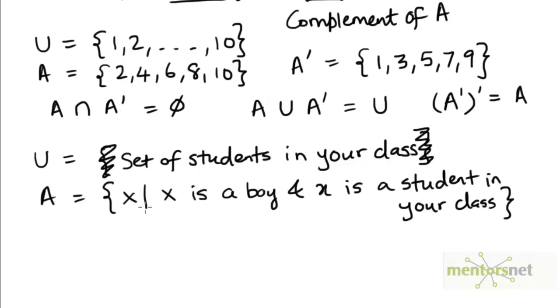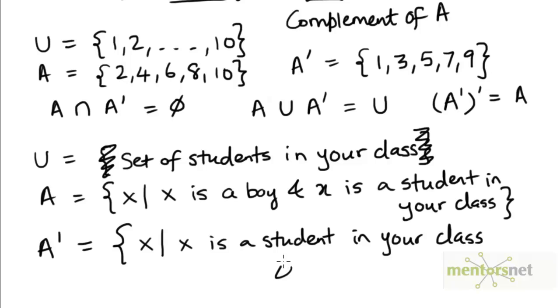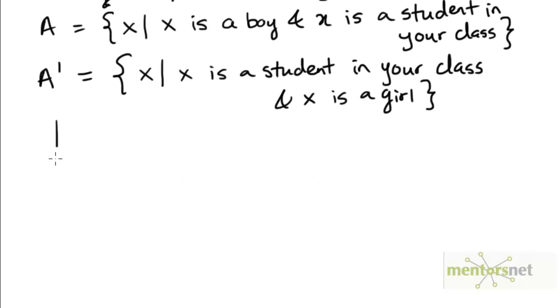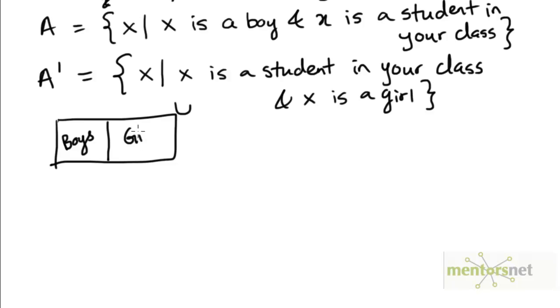A is the set of all X such that X is a student in your class and X is a boy. So A complement would be the set of girls in your class. So A complement would be the set of all X such that X is a student in your class and X is a girl. In other words, you can divide up the universal set U into two parts, the set of boys and the set of girls.